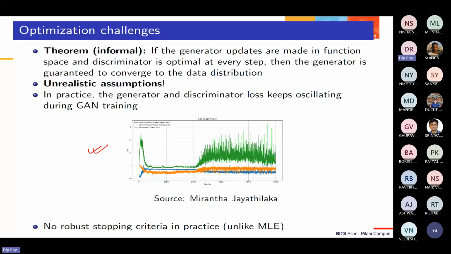You see that there is a lot of oscillation when you are training the GAN. So the generator and the discriminator losses keep oscillating during the GAN training. And that is the problem, because you then have a hard time converging, unlike the MLE. Okay, this is the key problem there.